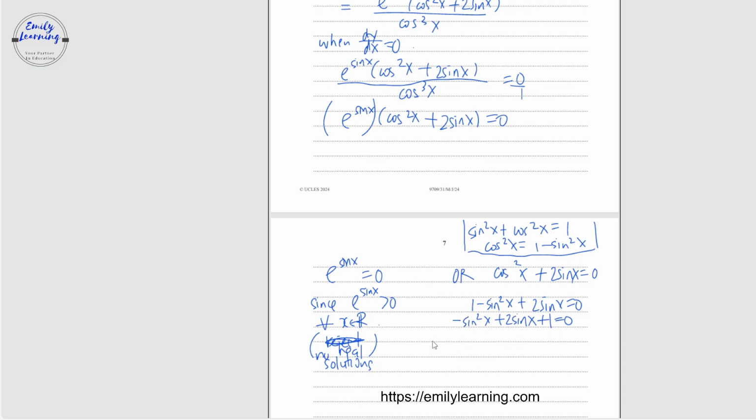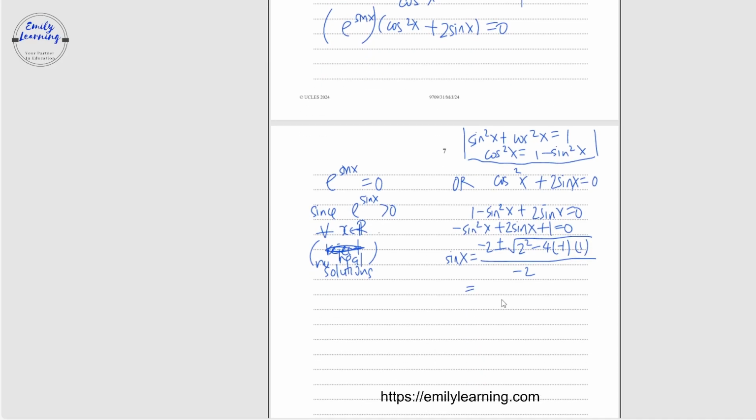You won't be able to factorize this, so let's use the formula to find sine x. It'll be minus 2 plus minus the square root of 2 square minus 4 times minus 1 times 1, over negative 2. So I'll have minus 2 plus minus square root of 8 over minus 2.